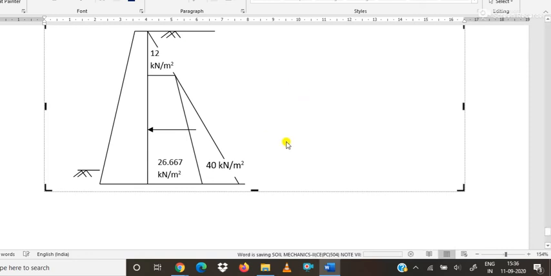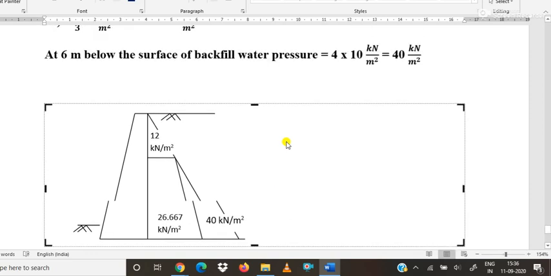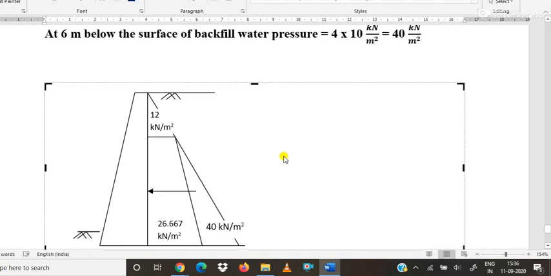Okay, this is the pressure distribution diagram when the water table is there.